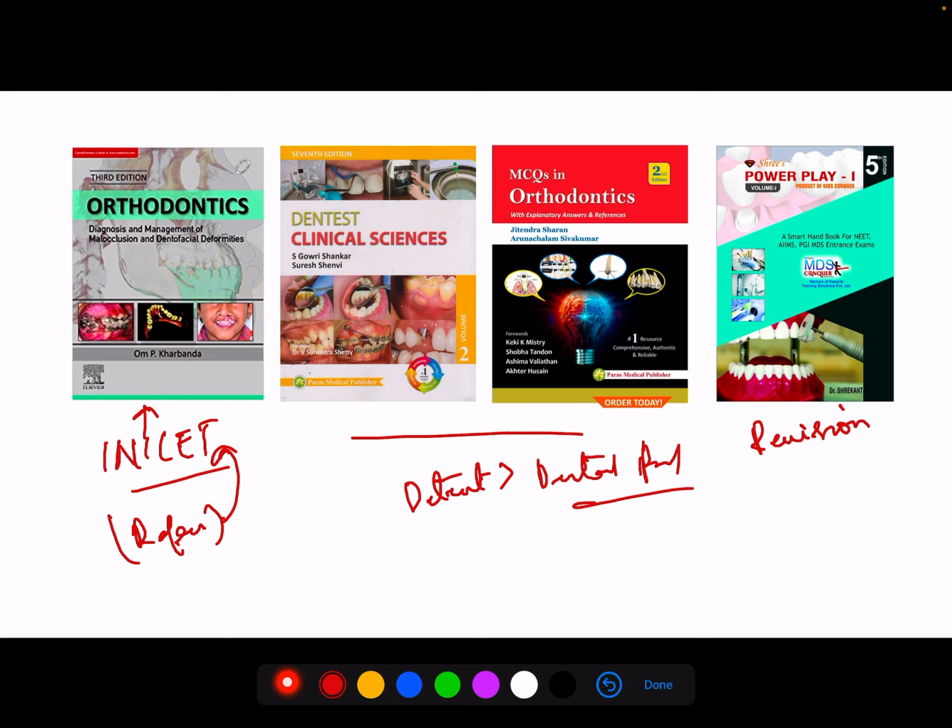We are going to teach Ortho only. We don't teach something like extraordinary Ortho. There's nothing called extraordinary Ortho. We teach Ortho, they teach Ortho, everyone teaches Ortho. Similarly, I'm talking about books: if you have both, go for Dentist as a first priority. If you don't have both, you can go for either Dental Pulse or Dentist based on your wish. There will be a few topics in Sharan that could be extraordinary.